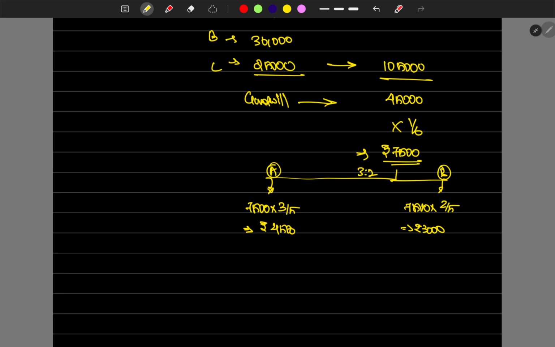So what's the journal entry? A has to get 4,500 for goodwill, and B has to get 3,000 for goodwill.